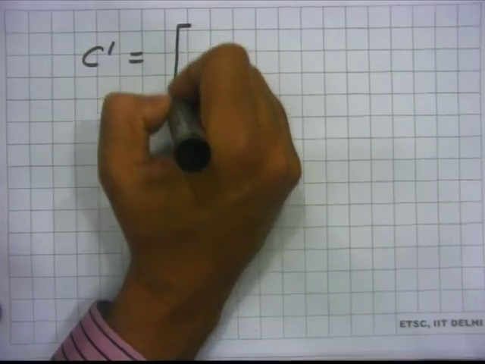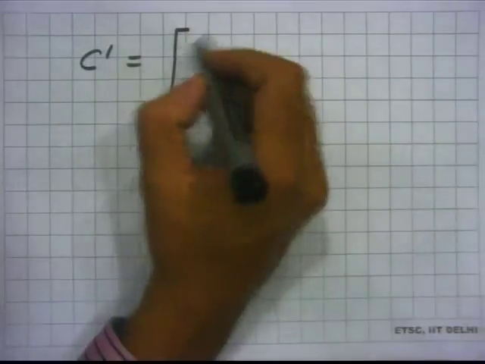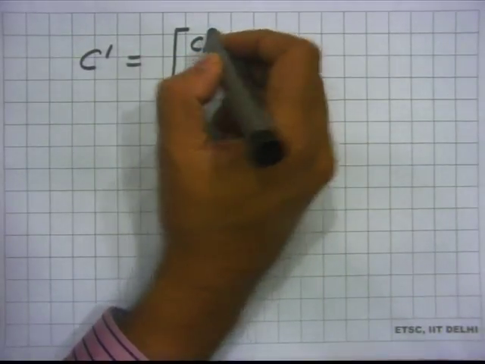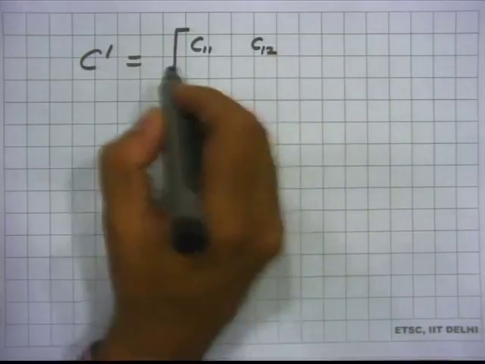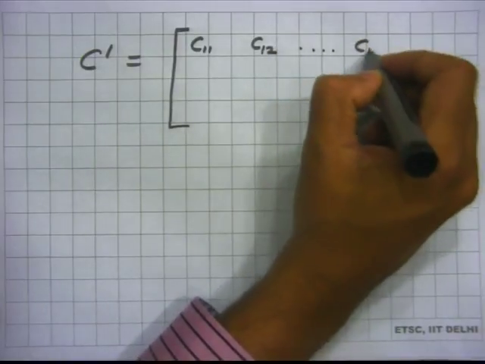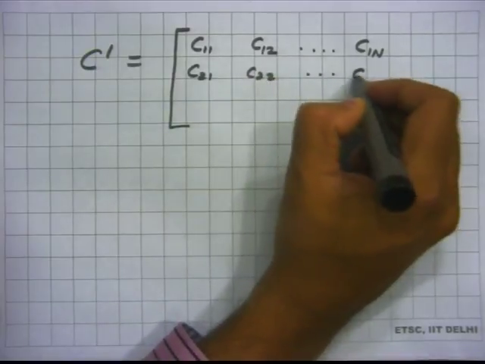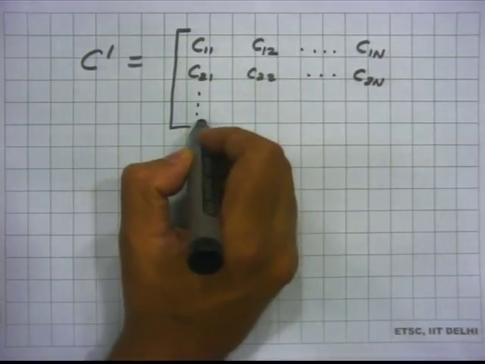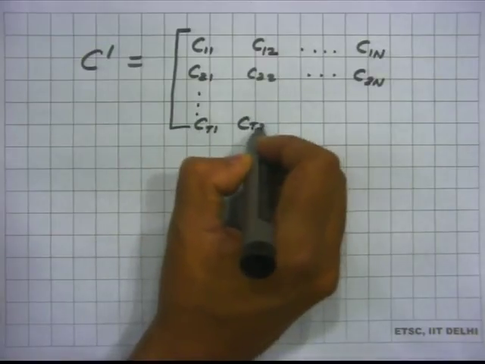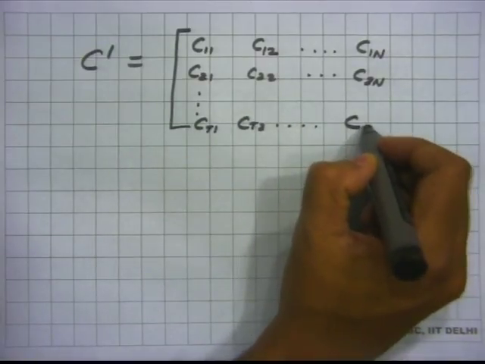So, we already have a C1 which was sent out, C11, C12, so and so forth, C1n, C21, C22 up to C2n and going on for Ct1, Ct2 up to Ctn.